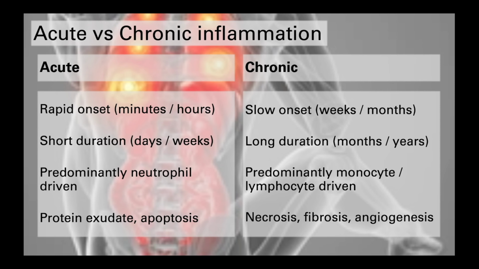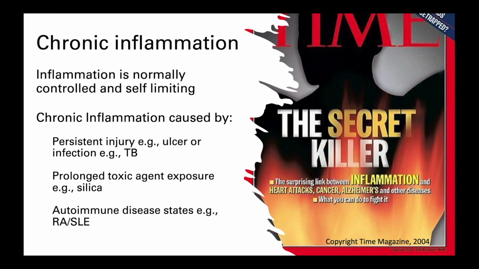Inflammation is a huge global health problem, so much so that back in 2004, Time magazine ran a cover article calling inflammation the secret killer. And whilst inflammation is normally self-limiting, in chronic inflammatory situations, this process is persistent and can be driven by a range of causes, so persistent injury in the case of ulcers or infection with TB, inhalation and subsequent prolonged exposure to toxic agents like silica or asbestos, or if the immune system starts attacking self-tissue, we see autoimmune diseases develop like rheumatoid arthritis or lupus.